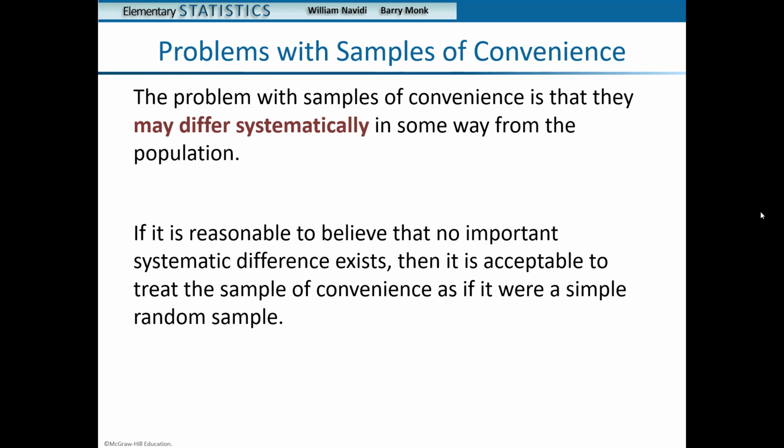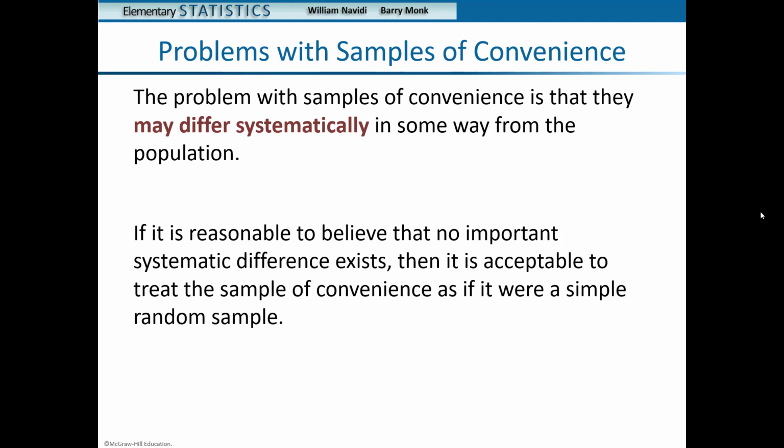But if we're doing that to try to get opinions about, say, a statewide election, or even a county-wide election, there's a pretty good chance that the sample we obtain would not be a good representation of the population as a whole, right? Because it would really most likely be biased towards people of an individual neighborhood. So we really have to be careful about samples of convenience, right?